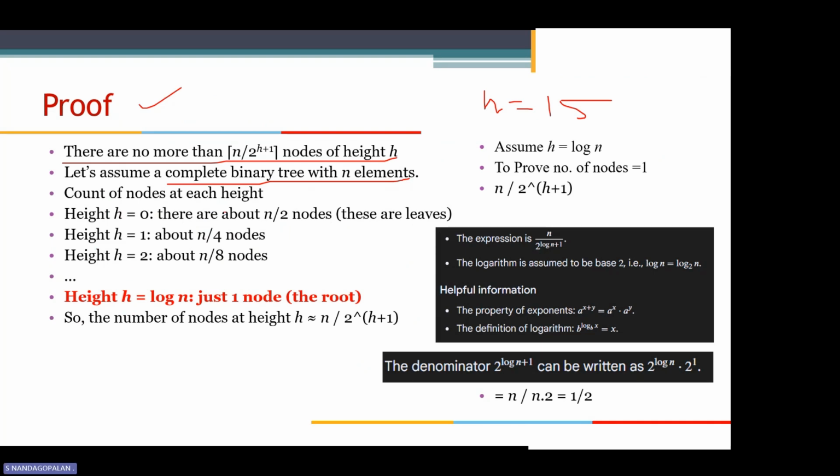Count of nodes at each height. That means at height h equal to 0, there are about n by 2 nodes. These are leaves. So I'm just considering my bottommost one, that is leaves, as height 0 all the way to the root at log n. So starting from 0 to log n. Because the height of the tree is log n because it's a binary tree.